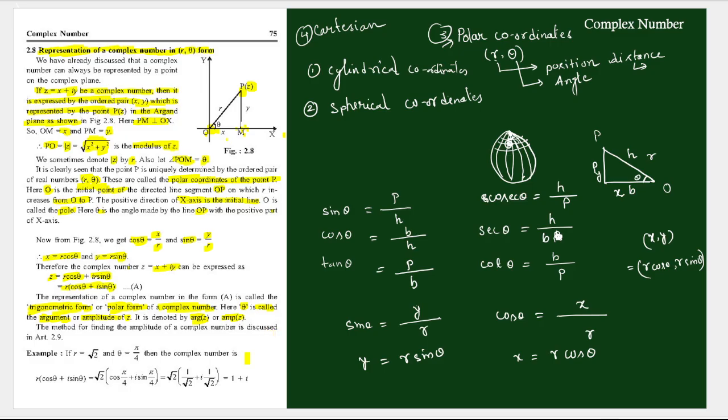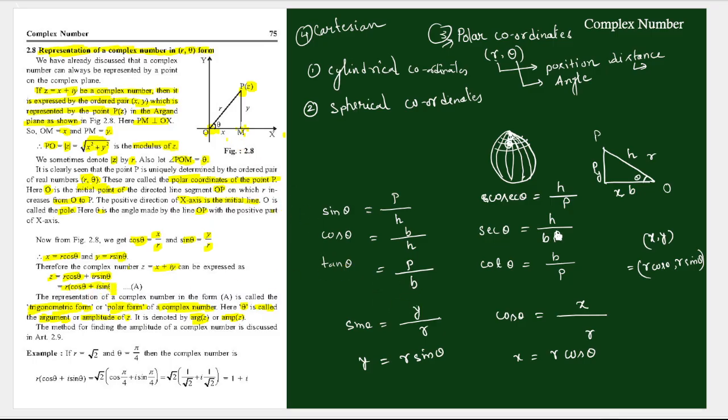So I think you understood how to represent a complex number in the polar form. We need to convert x and y into the form r and theta.